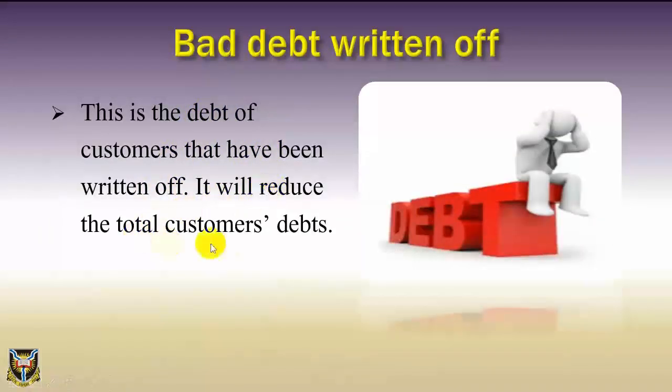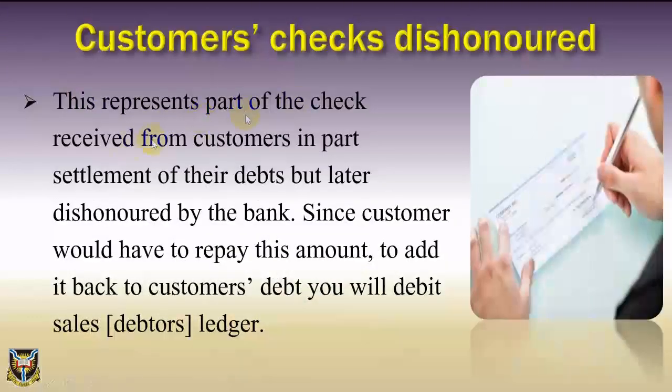It will reduce the total customer's debts. Customers' checks dishonored. This represents part of the check received from customers in part settlement of their debts but later dishonored by the bank. Since customer would have to repay this amount, to add it back to customer's debt, you will debit sales debtors ledger.